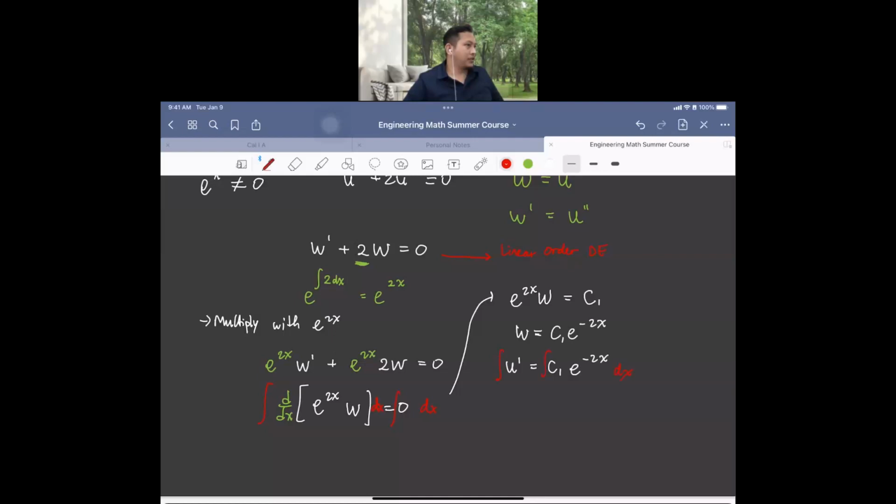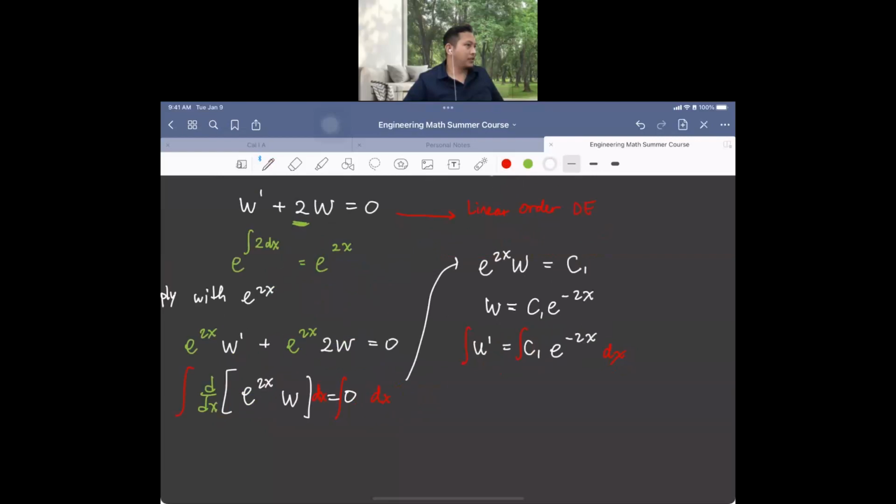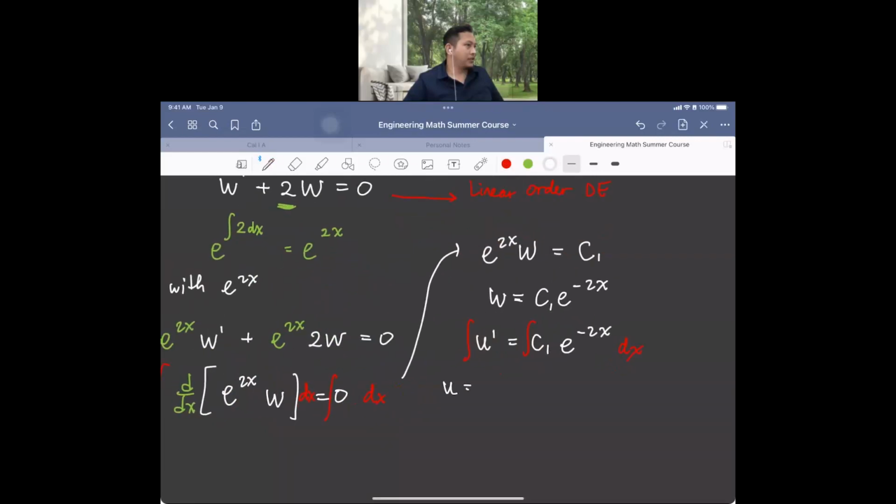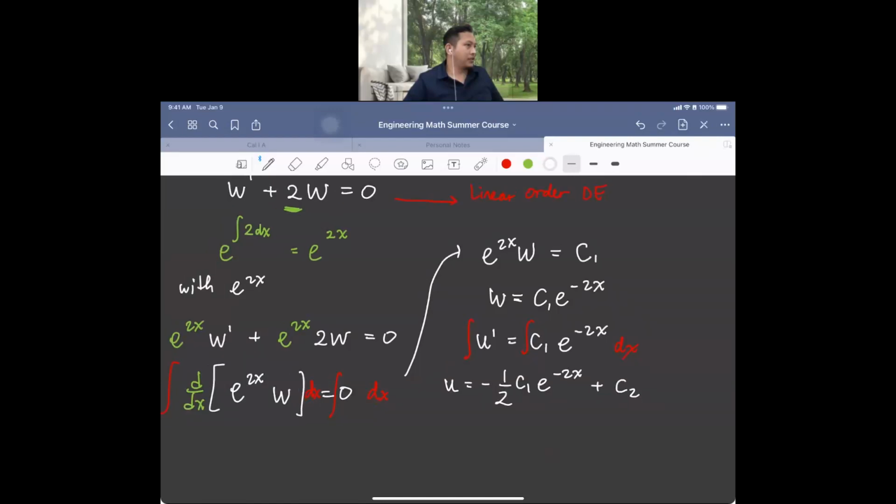Let me just write this is c1. Okay. And we integrate again with respect to x. Then we will have u is negative half c1 e^(-2x) plus another constant.